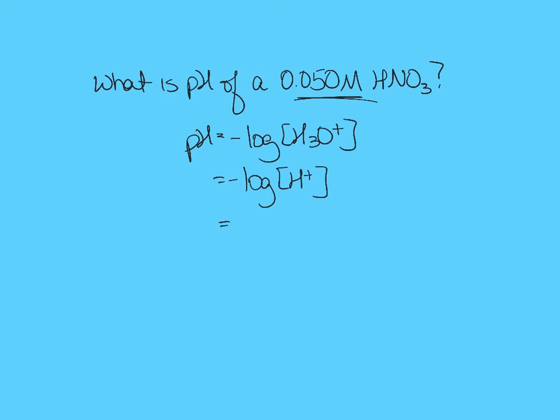So to calculate the pH of this solution, I'll take the negative log of 0.050. Okay? Remember, those brackets mean concentration and molarity. If you do that, your answer comes up to be 1.30. And that, of course, represents an acidic solution.